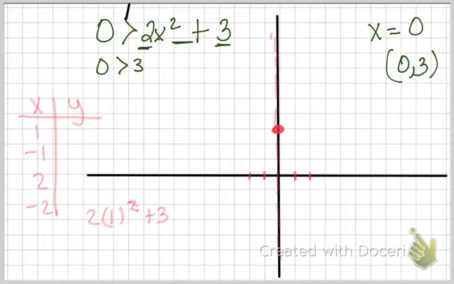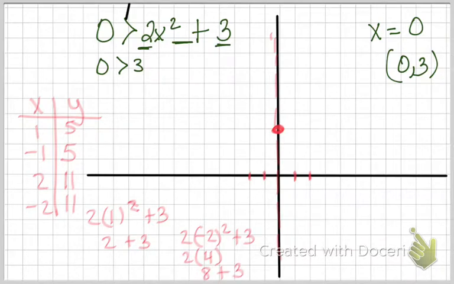So 1 times 2 is 2 plus 3 gives me 5. I'm going to get the same thing for -1 because these are symmetrical. So I'm going to do it for 2. -2 squared is 4, 4 times 2 is 8, 8 plus 3 is 11.